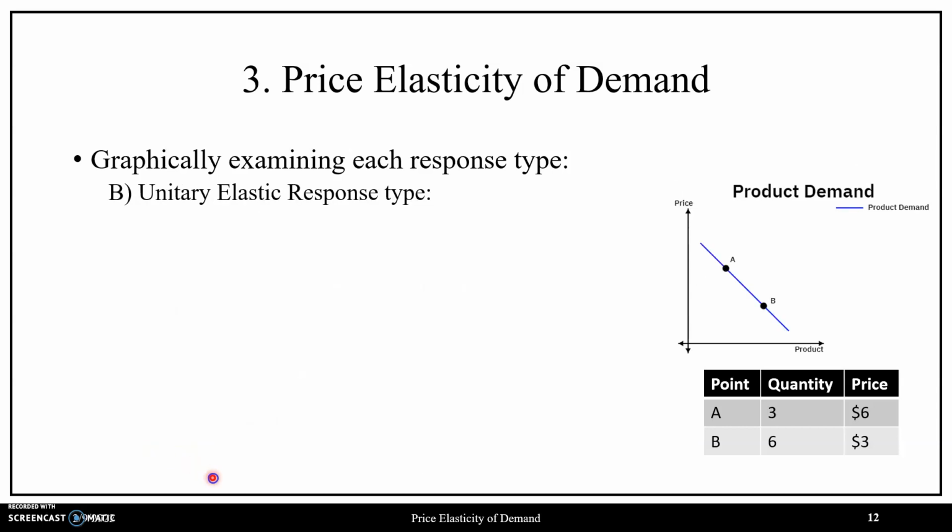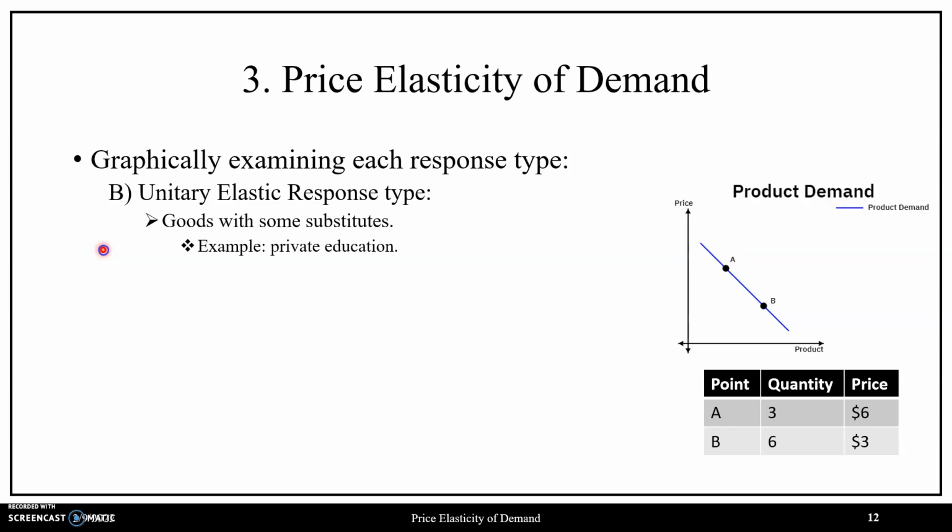Now moving on to our second case, we have the unitary elastic response type, where in terms of our product demand curve, observe that we have a more traditional downward sloping demand curve, and we have our 2 points A and B at a quantity level of 3 and 6, where the price points are 6 and 3 respectively. The unitary elastic response type is going to come to be when there's goods with some substitutes available, and where one such instance will be private education.